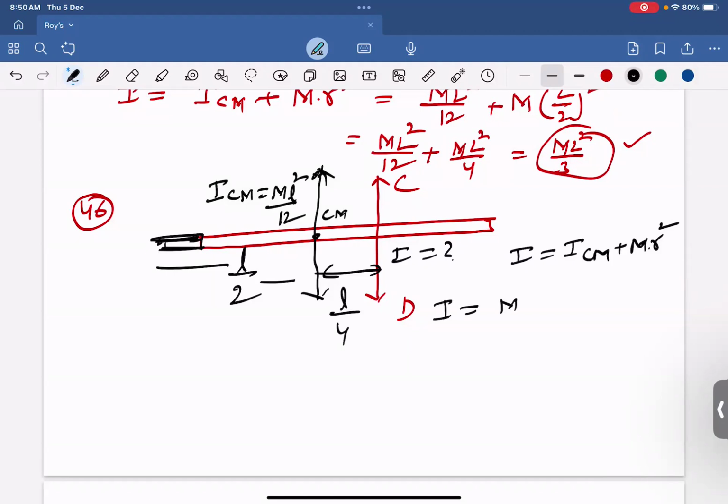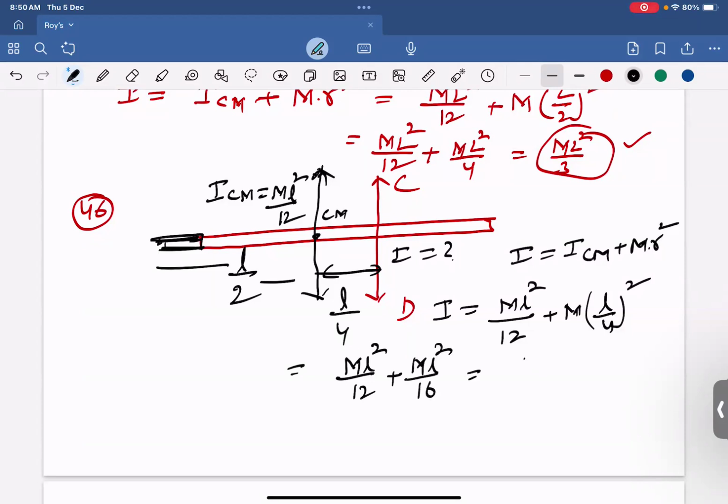ICM formula we all know is ml square by 12, and here R, the distance between the two axes, is given as L by 4. So you use L by 4 square. Then you get ml square by 12 plus ml square by 16. If you add these two, it will be 3 plus 4, 7 ml square by 48.